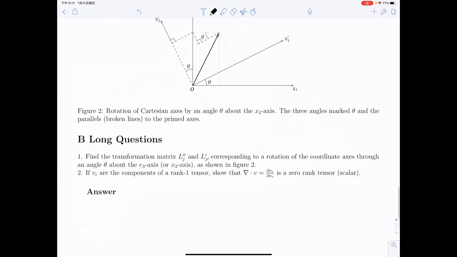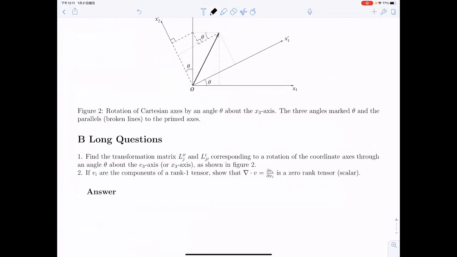The first question is to find the transformation matrix L i prime j. Sometimes the question does not use big lambda, and also the inverse transformation matrix corresponds to the rotation of the coordinate axes.